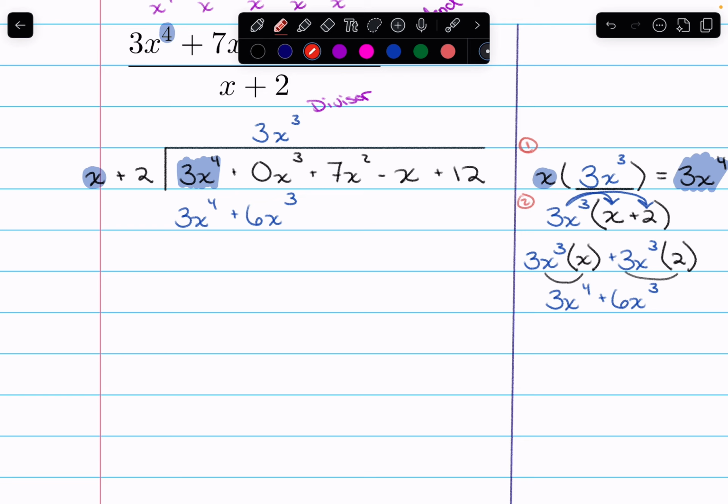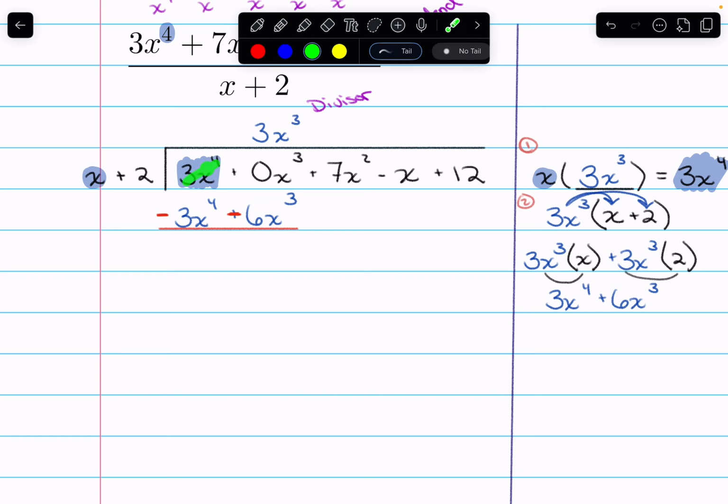We're then going to change all of the signs of our answer for step 2. So I'm going to change the positive to a negative. I'm going to change this positive to a negative. And then we're going to collect our like terms. What should always happen is your first term should always cancel, become 0.